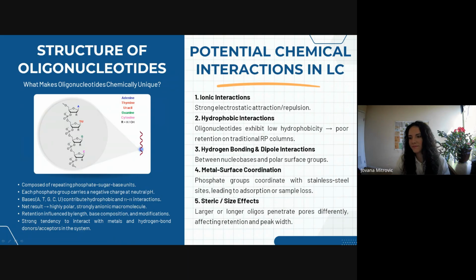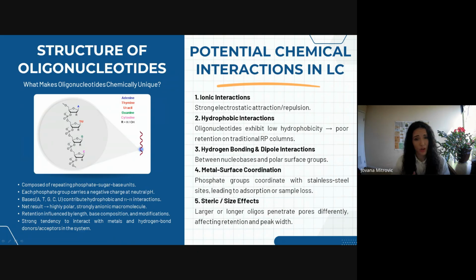These play a smaller role because oligonucleotides are not very hydrophobic, but bases can still interact weakly with non-polar surfaces. Hydrogen bonding and dipole-dipole interactions. These happen between nucleobases and polar surface groups, adding just another layer of complexity.